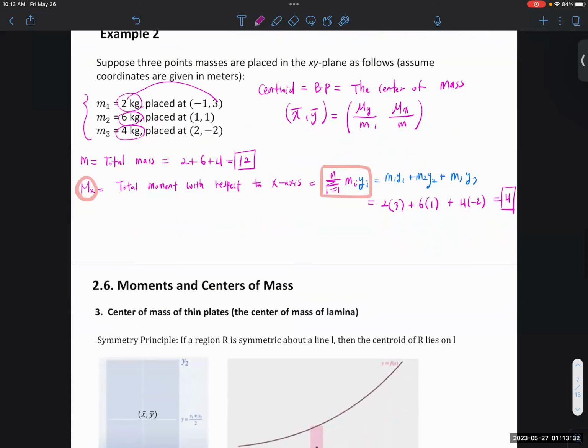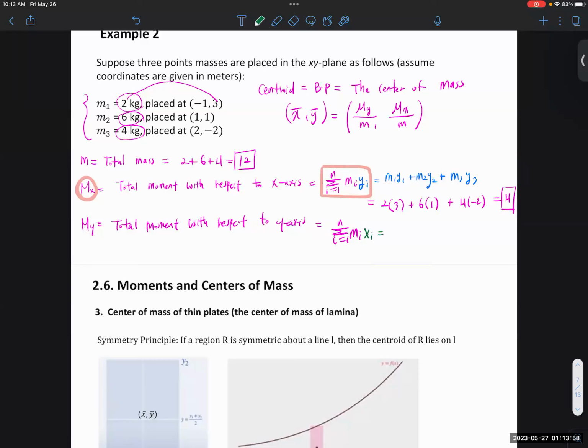We're going to do one more thing: my total moment with respect to the y-axis. That is going to be, we know, the opposite, mi times xi, correct? Let me change the color. That means not y, it's going to be xi.